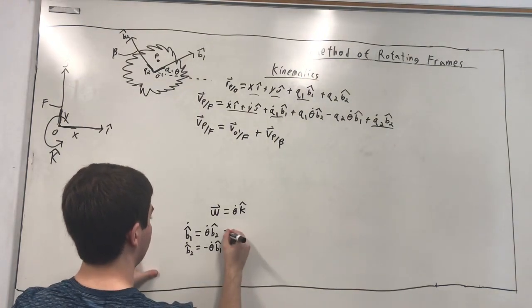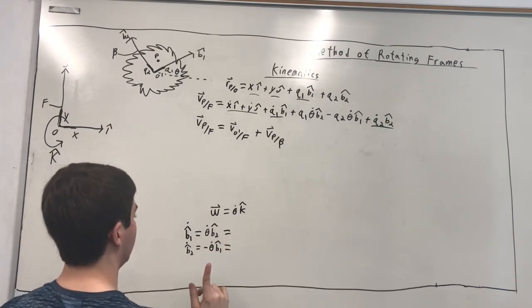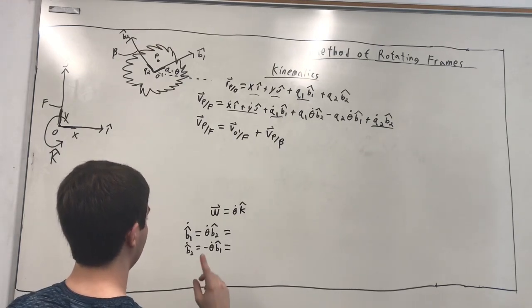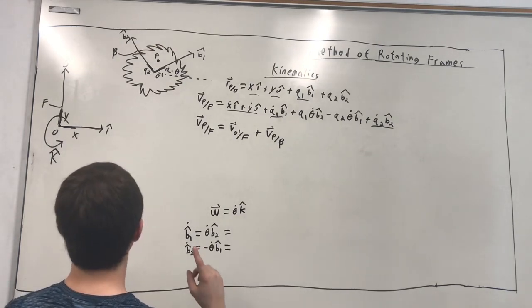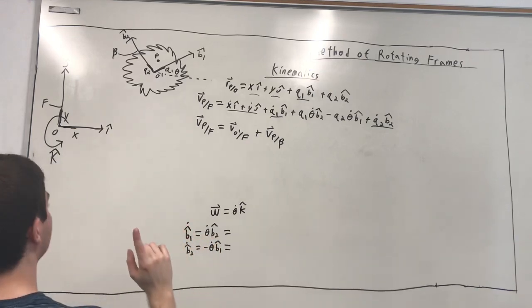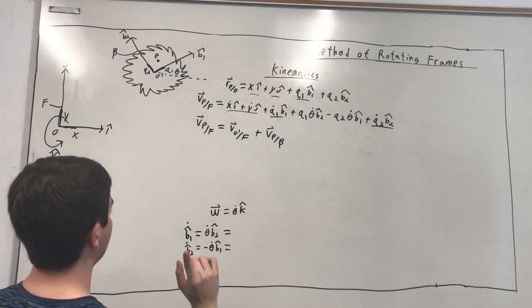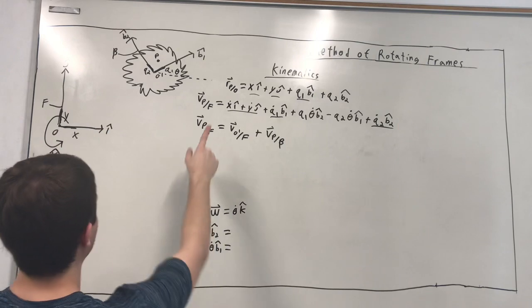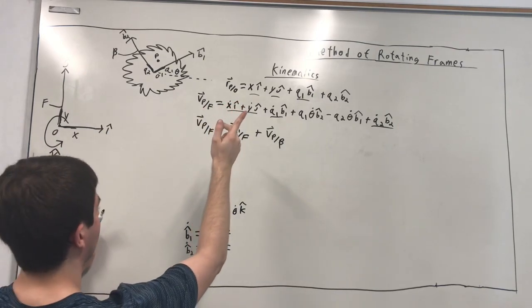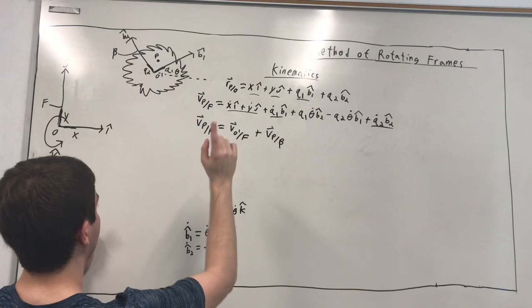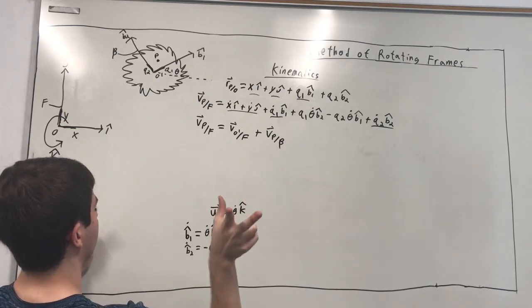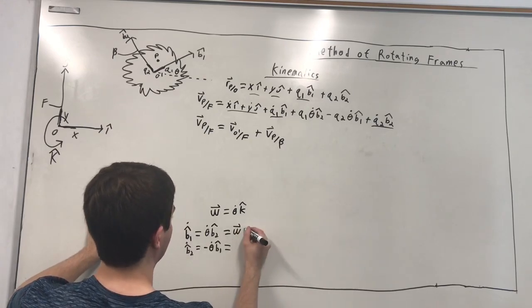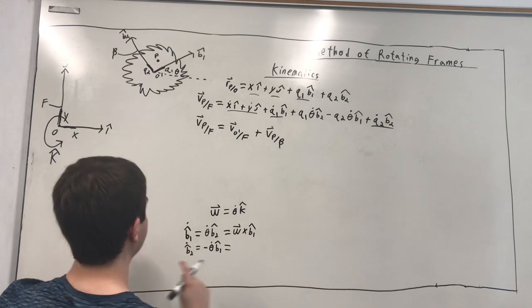So this is also equal to, use your right hand rule, and you have, I believe, b1 hat cross omega, omega cross with b1 hat.